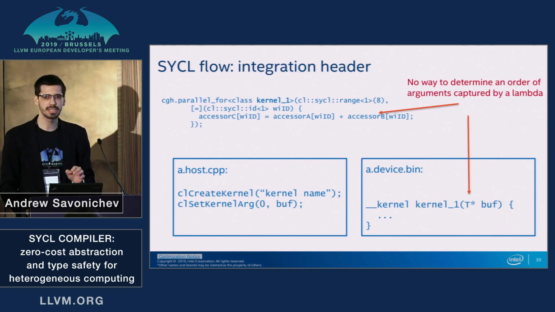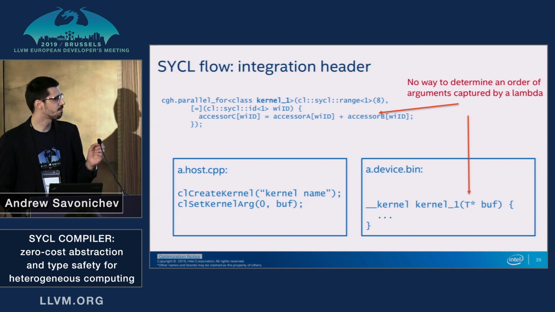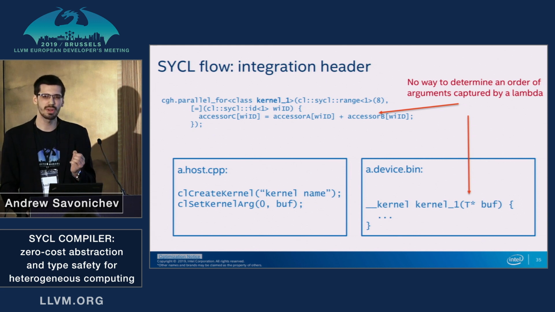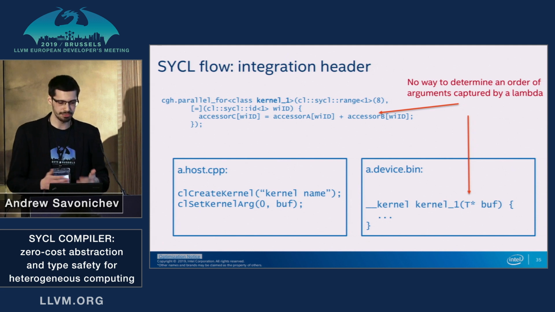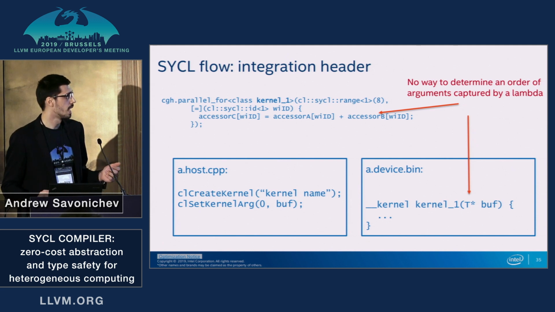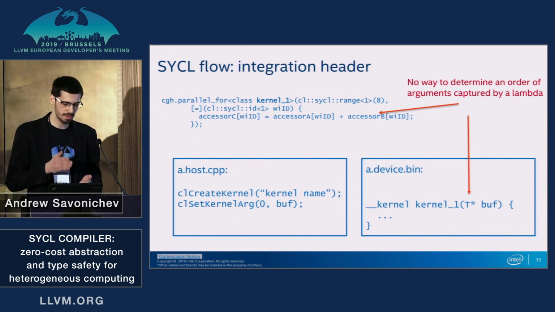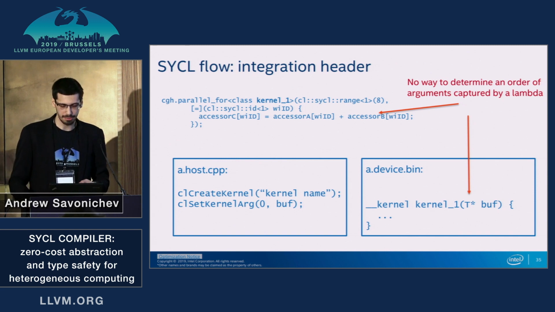The major problem is actually the arguments. You need to extract these accessors from a lambda and set them as arguments. Since the content of a lambda object is undefined and different compilers take a different path, it's difficult to get this offset from the lambda object.